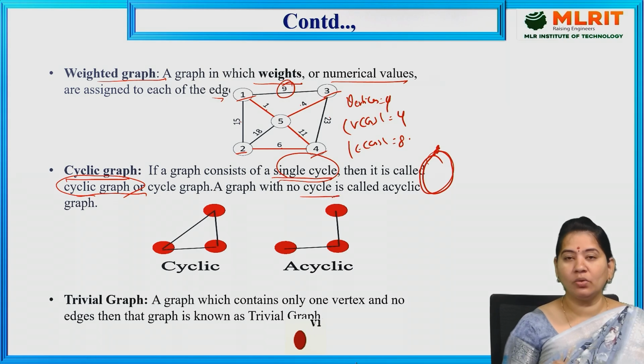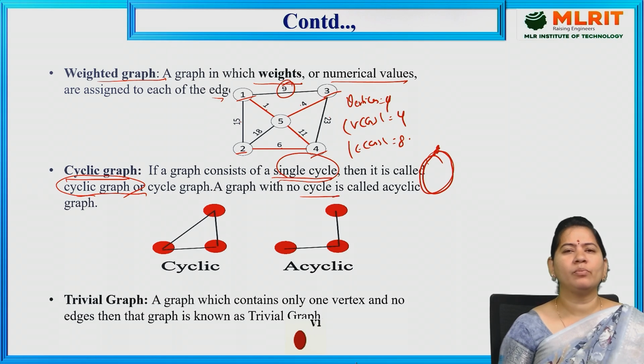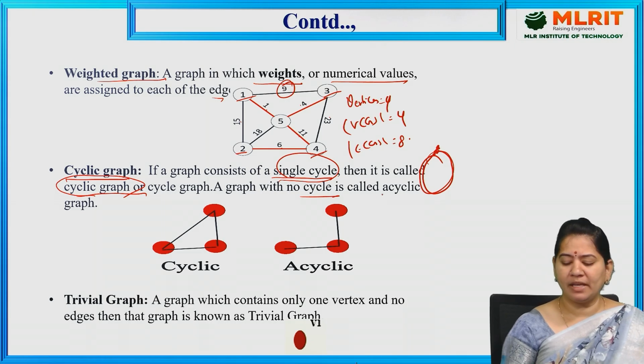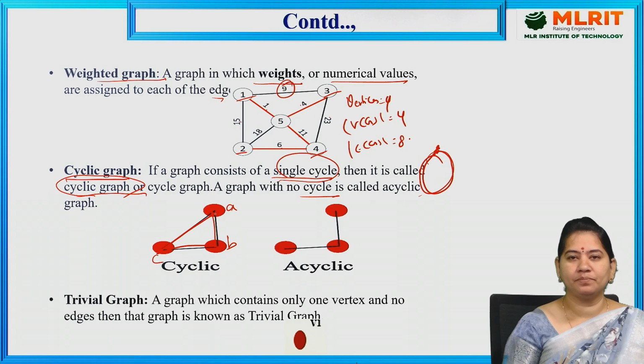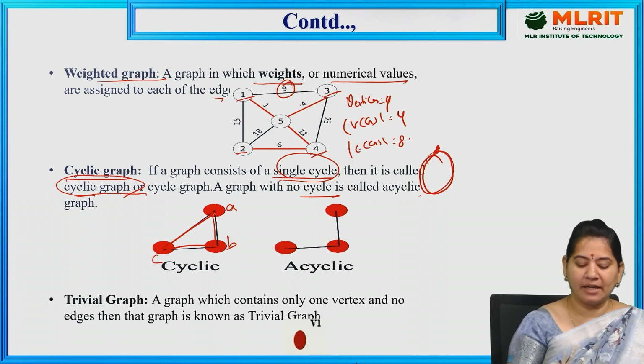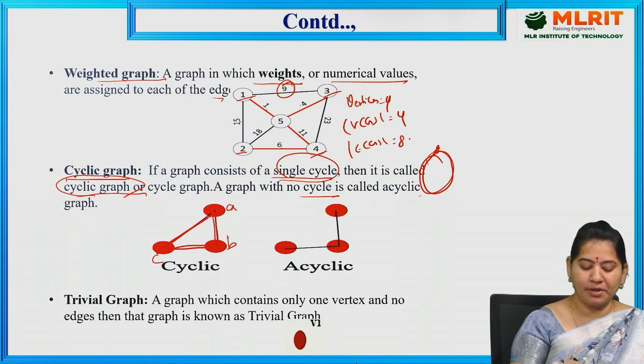A graph with no cycle, let us suppose I don't have any cycle, which means the starting and ending points are not the same in the graph, is called an acyclic graph. So here I have A, B, C. A to B, B to C, C to A. So we have a cycle, why? Because the starting point is A, and the ending point is also the same.